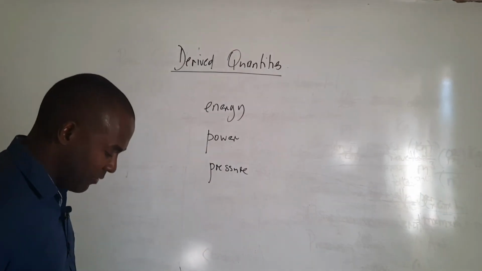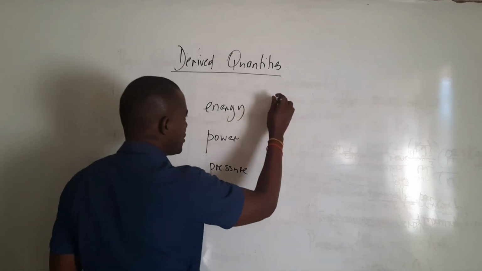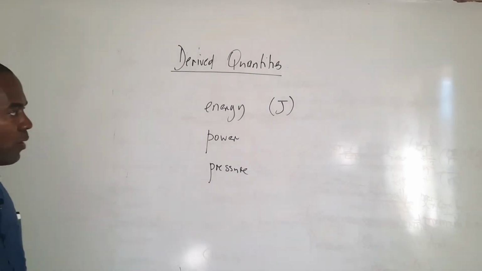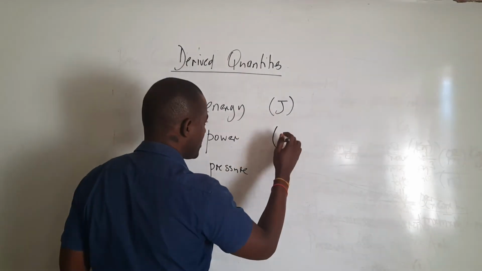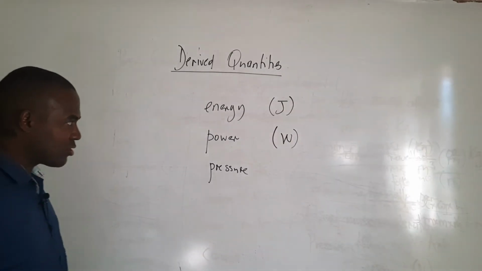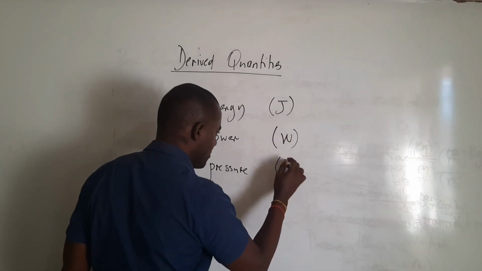What is the SI unit of energy? The SI unit of energy is, of course, the joule, symbol J. The SI unit of power is the watt, symbol W. And the SI unit of pressure is the pascal, symbol Pa.